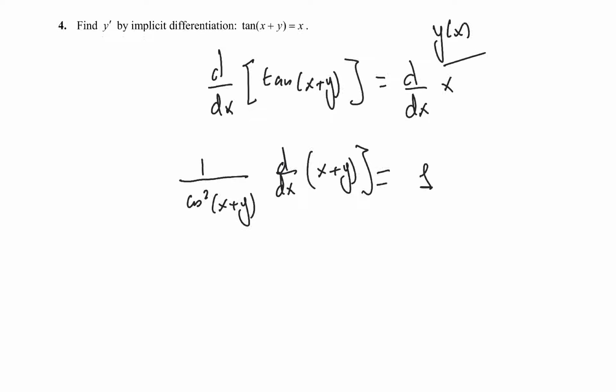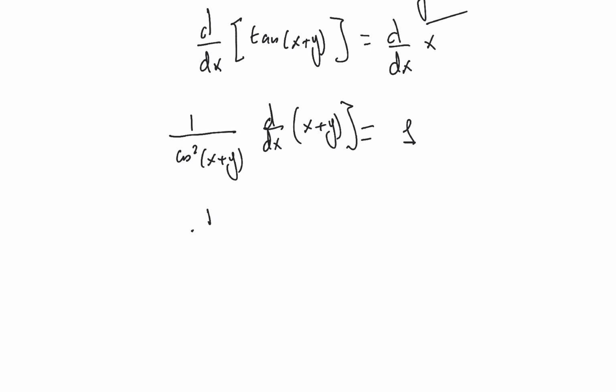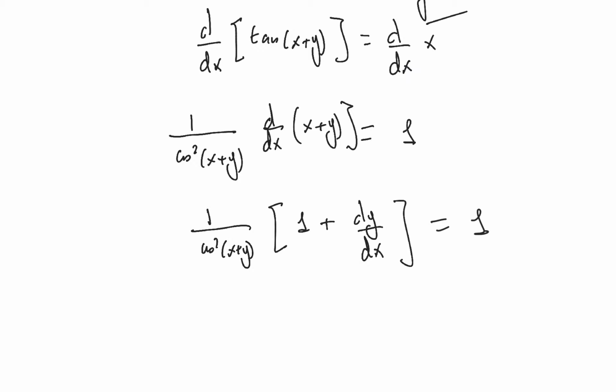And what will this be? This will be 1 divided by cosine squared of x plus y multiplied by the derivative with respect to x of x, 1, plus the derivative of y with respect to x, equals 1.